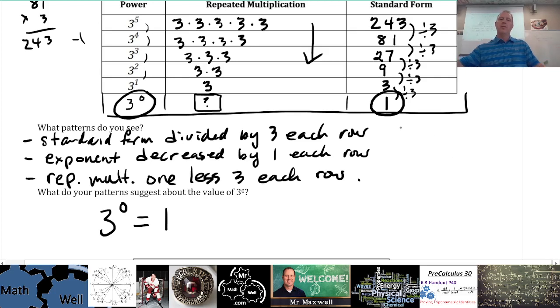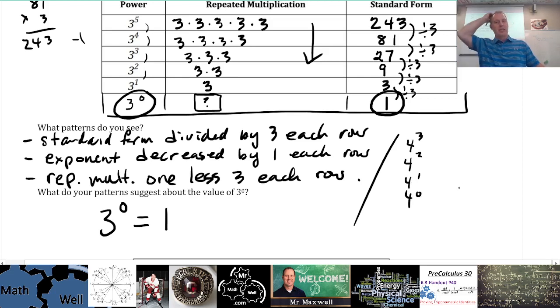Now, the cool thing about this is, guys, that we can have any number, let's say 4. If we did 4 like this, we would be able to use the same patterns. Let's just do 4 here real quick. So 4 to the power of 3 is what, 64? 16 times 4, 64.